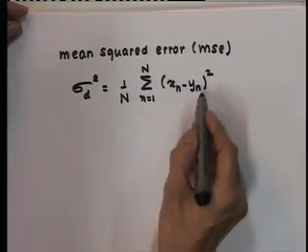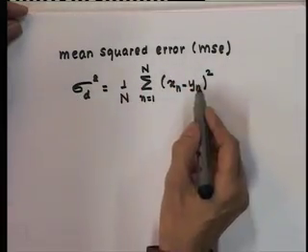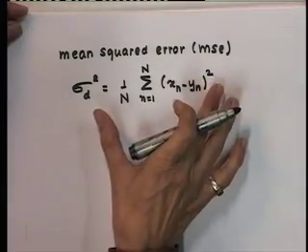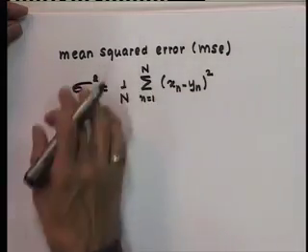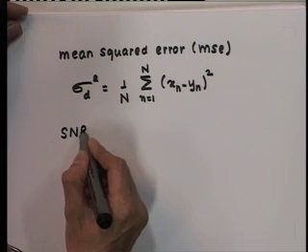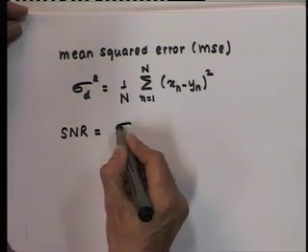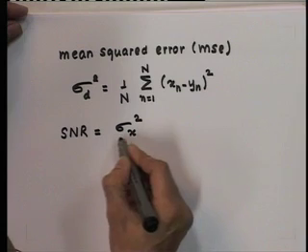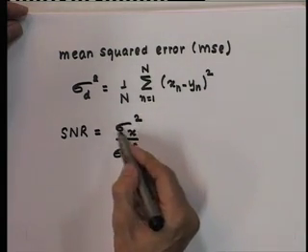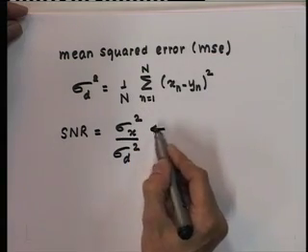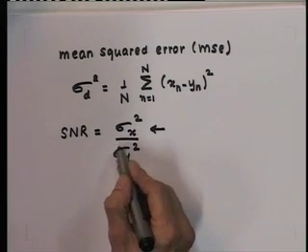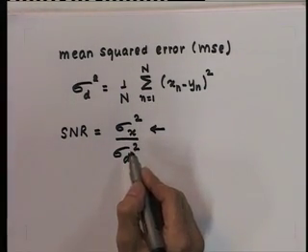Now, if we are interested in the size of the error relative to the signal, then we can find the ratio of the average squared value of the source output and the mean square error. This is called the signal to noise ratio and denoted as sigma x squared divided by sigma d squared, where sigma x squared is the average squared value of the source output or signal and sigma d squared is the mean square error.